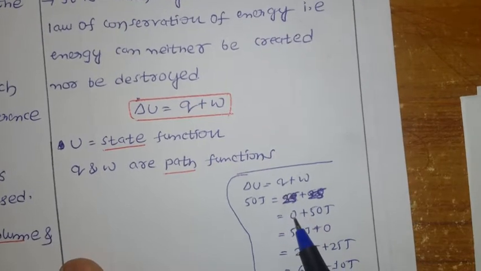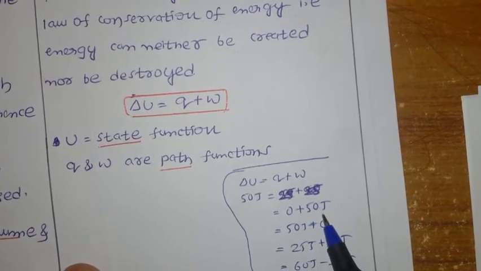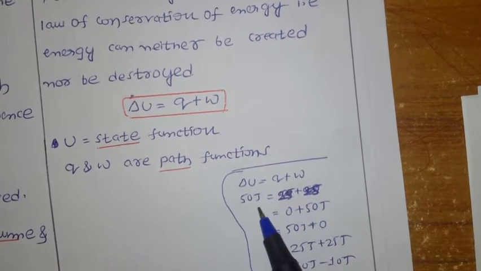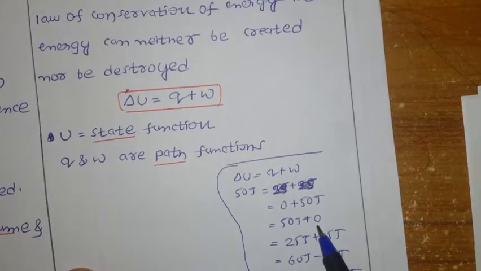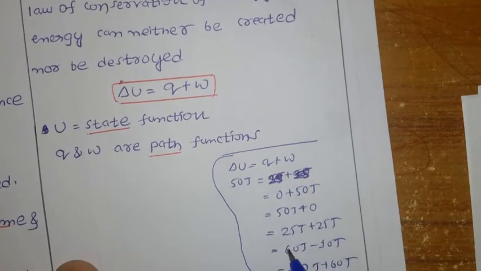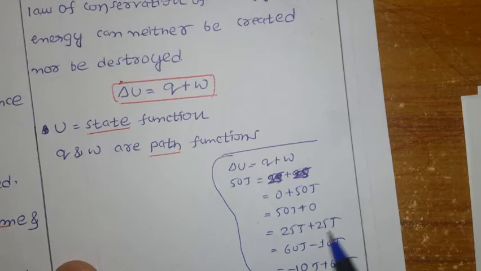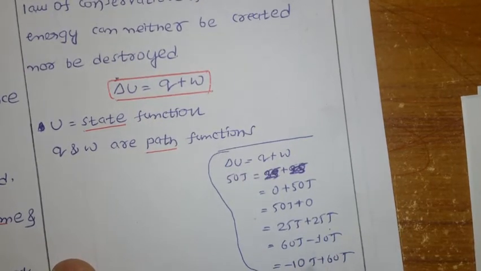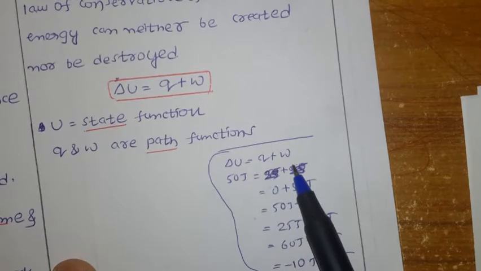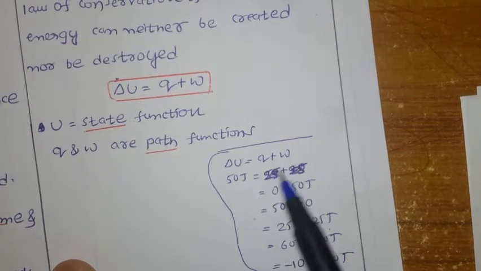If Q is 0 and W is 50 joules, the total is 50. Or if W is 0, the total is 50 joules. Or 25 joules of Q and 25 joules of W gives 50 joules. Or you can take 60 minus 10. Whatever it may be, the sum of Q plus W equals the change in internal energy.